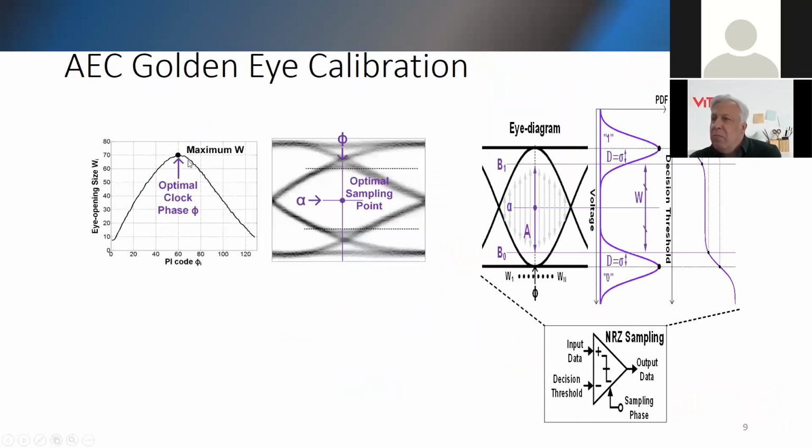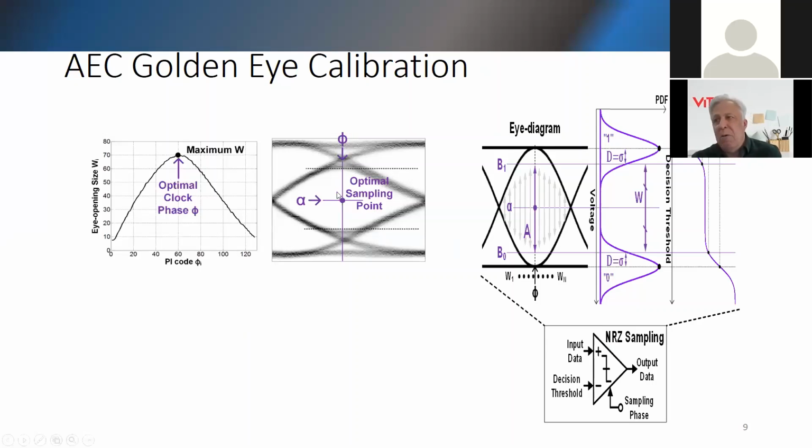Okay, this is just a little bit about taking a look at the clock phase. If you can see my pointer, I look into the optimal sampling point. This is NRZ. It is not PAM4 modulation, but it's just a better way of demonstrating what we're looking for.